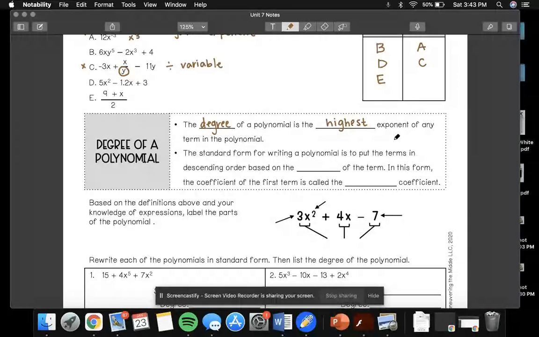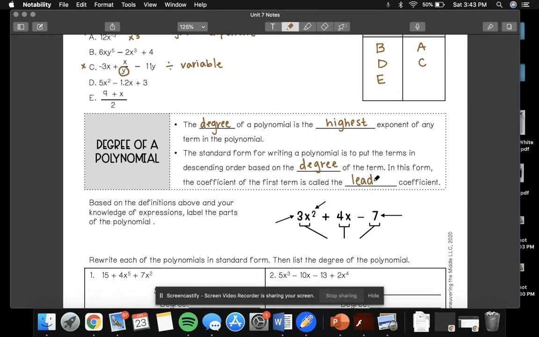So what is the highest exponent in an expression? That would be the degree of that polynomial. The standard form of a polynomial would be putting the terms in descending order based on the degree of the term. Okay? In this form, when something's in standard form, the coefficient of the first term is called our leading coefficient.